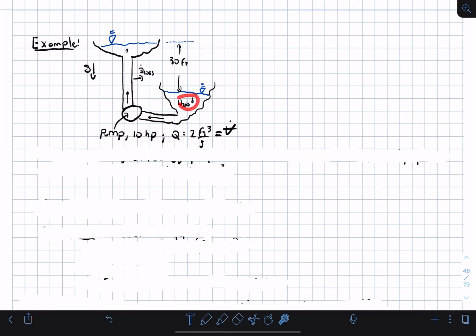So we have two water reservoirs, and this pump is basically pumping water from one reservoir up to the other one. The elevation difference here is 30 feet, our pump is supplying 10 horsepower, and the volumetric flow rate is 2 cubic feet per second. There will be some heat loss coming out of the piping system, and we are asked to find what that heat loss is.